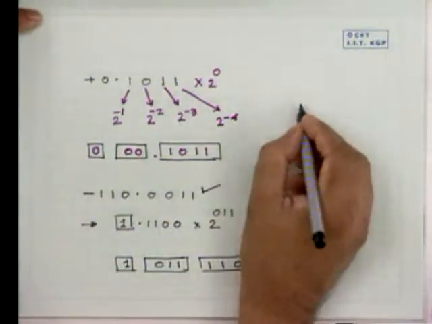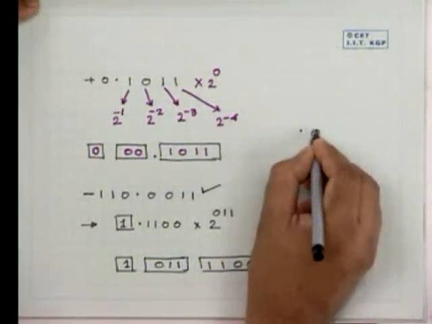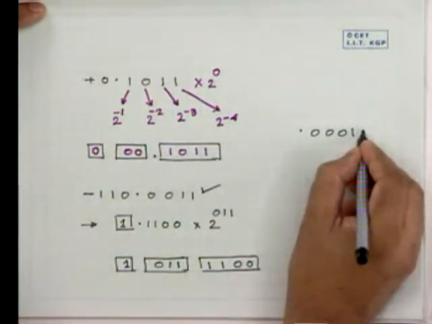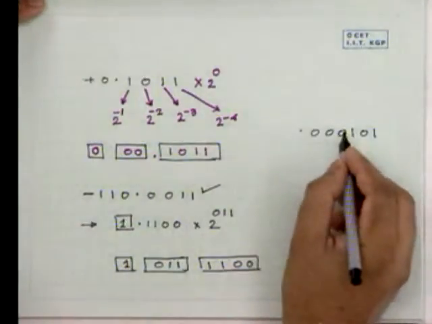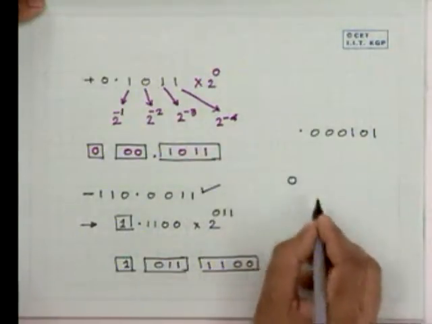Similarly, we can have a number, for example, 0.000101. The floating point representation of this number will be, say this is a positive number, therefore the sign is 0.